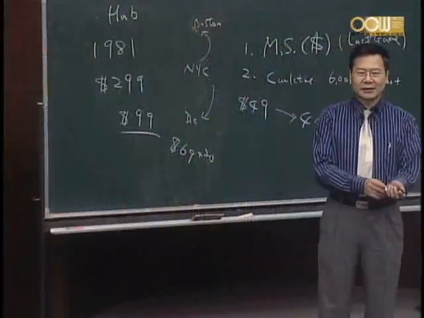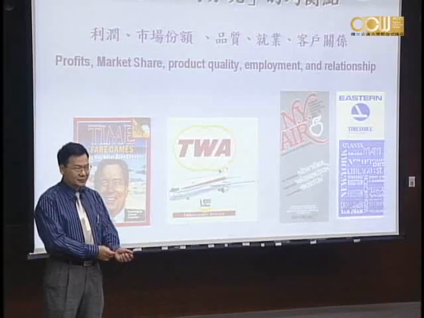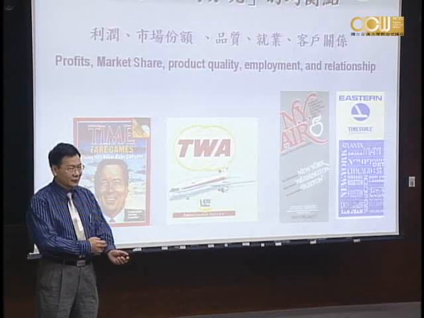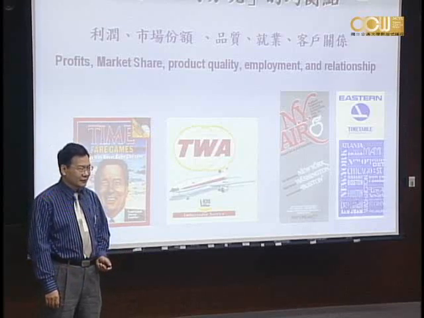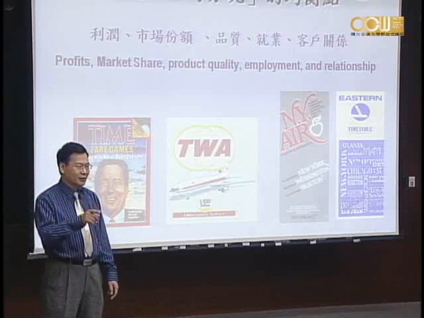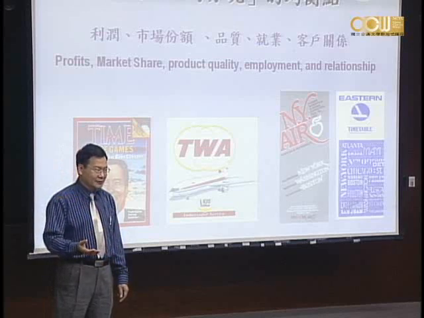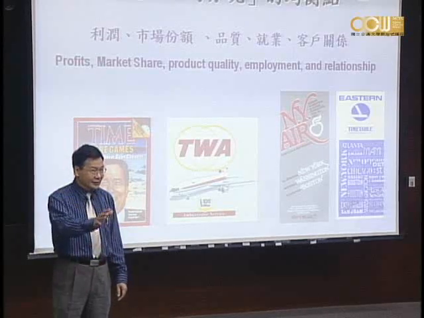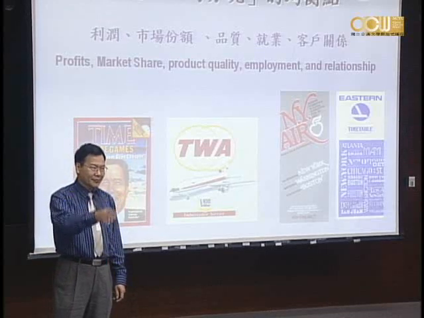The answer is in the market. Now, why should you not cut the price? Because what? Travelers are different. Why? People who take Eastern Airlines are totally different from New York Air. How different is that? Now, this is very important, in fact, about the marketing, about the game, about everything.